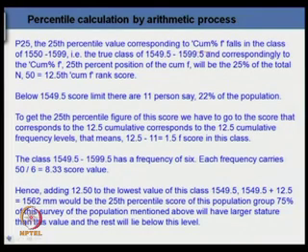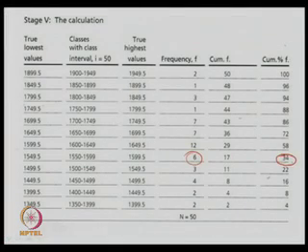Means we want 25. In this case, what happened? We have doubled, multiplied by 2, to go from cumulative frequency to cumulative percentage frequency. So, if we require 25, then 25 divided by 2 equals 12.5.